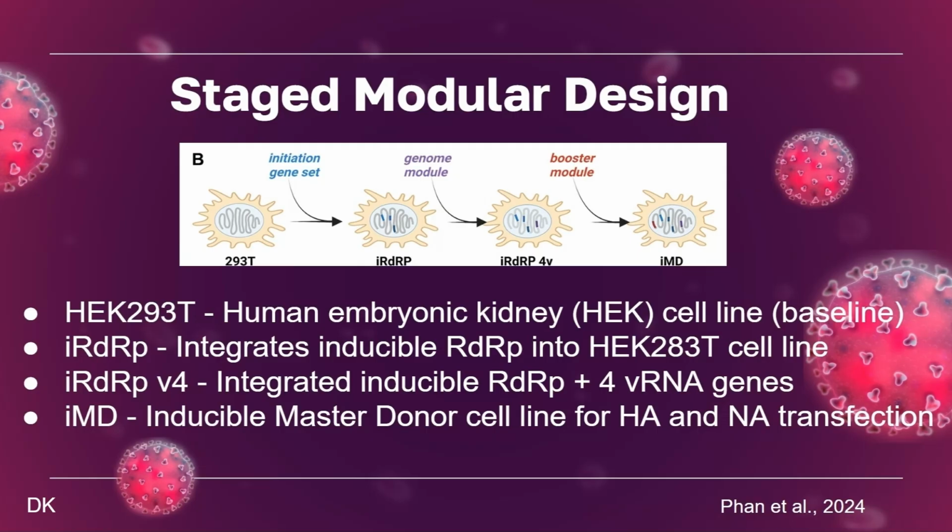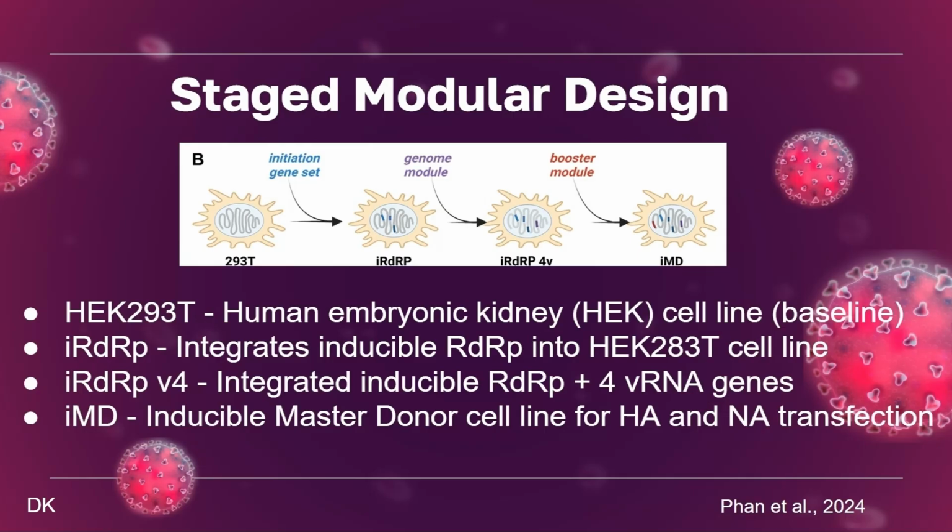They then created a genome module, which allowed them to produce viral RNAs of the RDRP complex as well as the non-structural protein NS. NS allows viral RNAs to be exported from the nucleus into the cytoplasm.